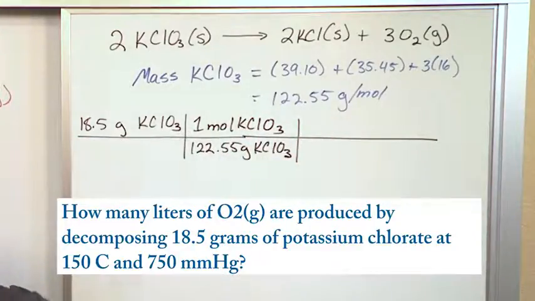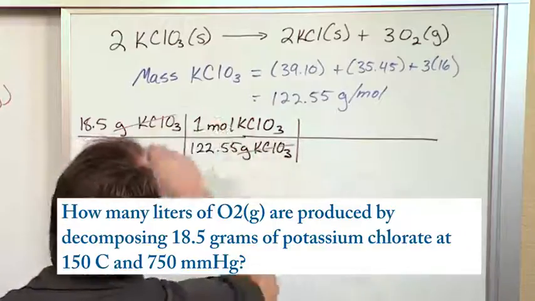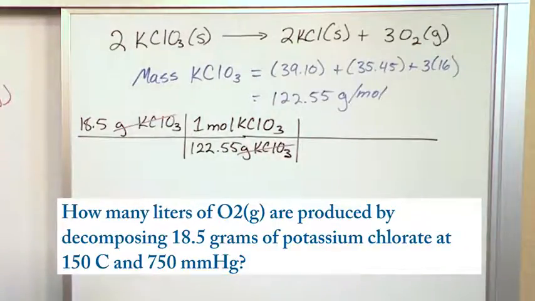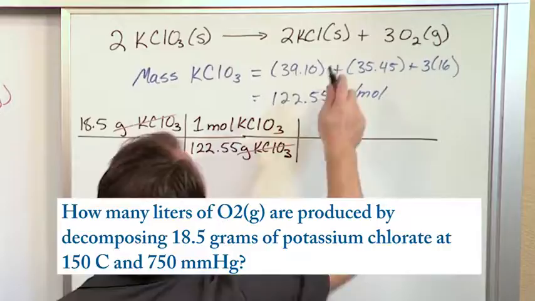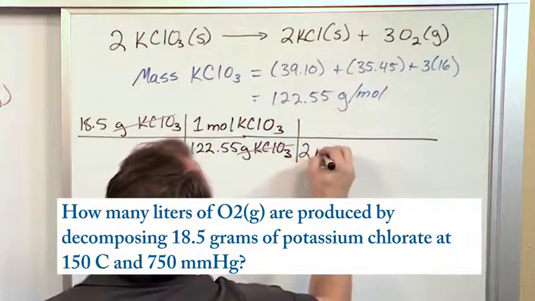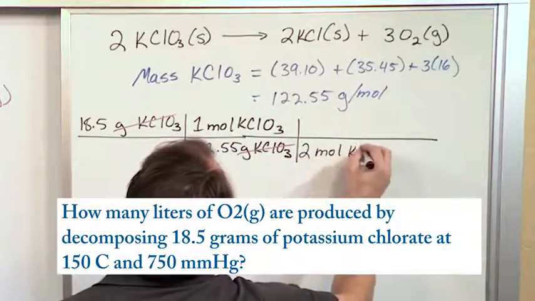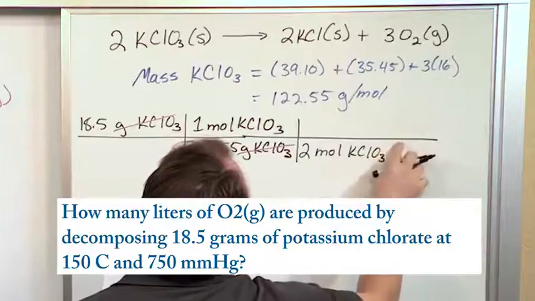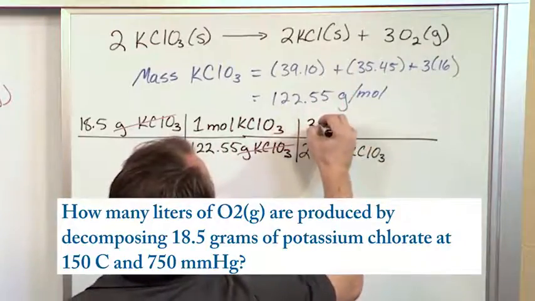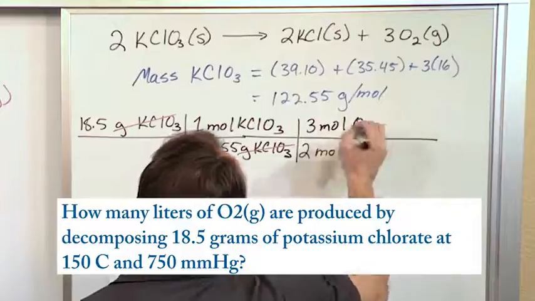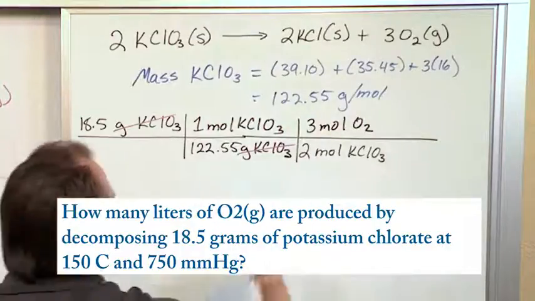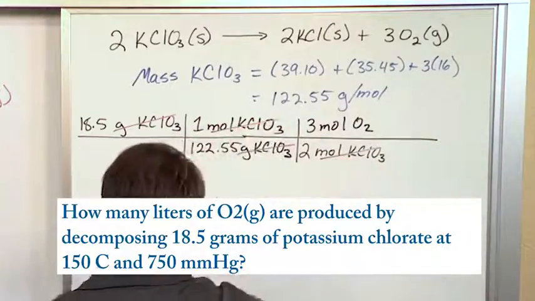The reason we write it like that is because we have grams cancel with grams. Now, if we do the calculation, we know how many moles of this we have, but we know that we go to a ratio of 2 to 3. So 2 moles of KClO3 react to produce 3 moles of O2 gas, because they react according to that ratio.